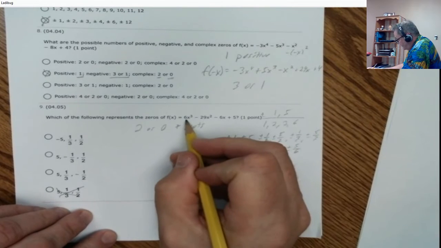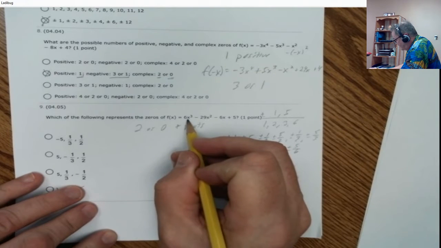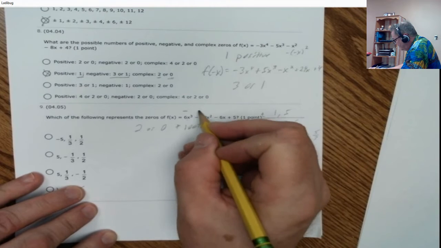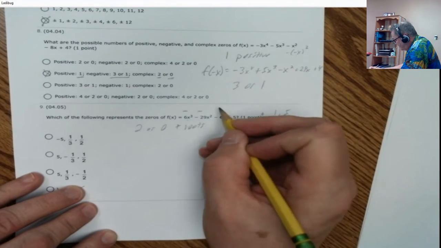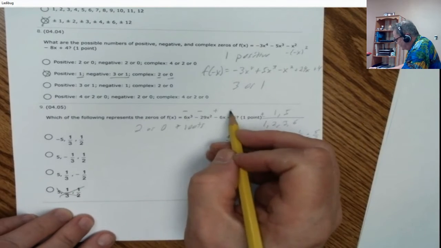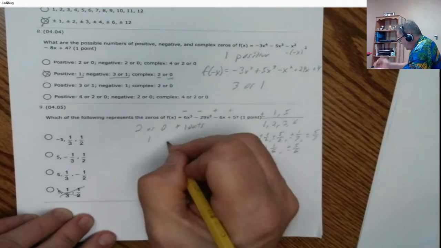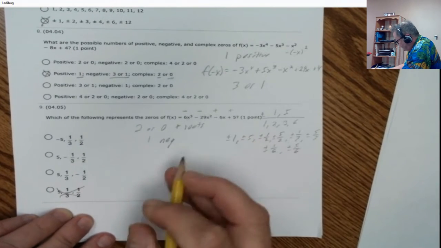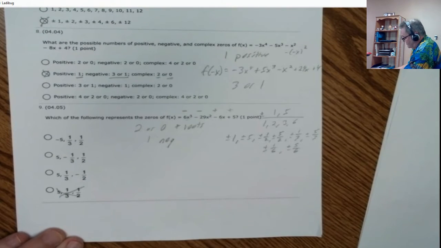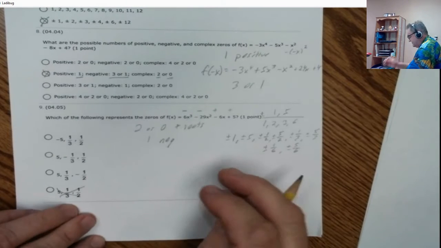All right, so negative roots, if we put in negative x there, to the third, that's going to be a negative. This is going to stay a negative. That's going to become a positive, and that's going to be a positive. So there's one sign change. So there's only one negative root. Okay, so we've got it narrowed down to those 3.